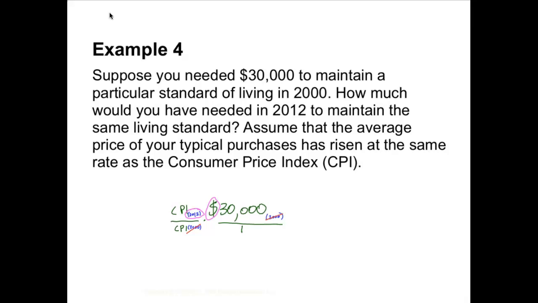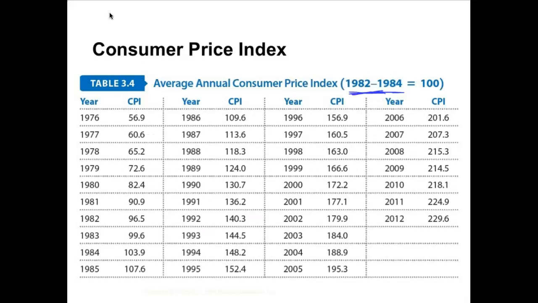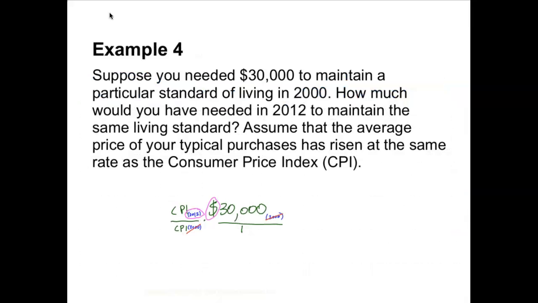All right, so let's actually go up and look up these CPIs. So the CPI in the year 2012 was 229.6, and in the year 2000, it was 172.2. So 229.6 over 172.2.